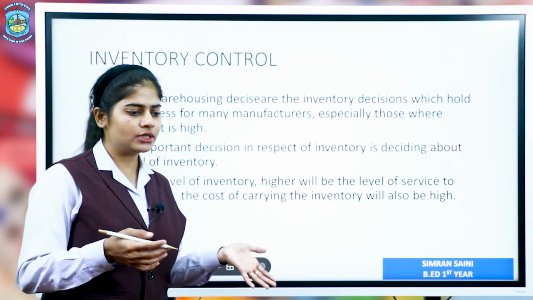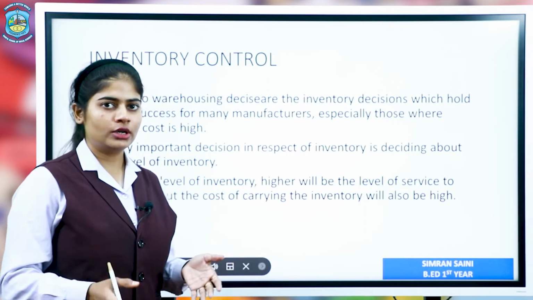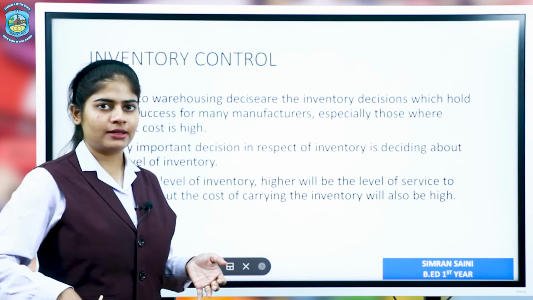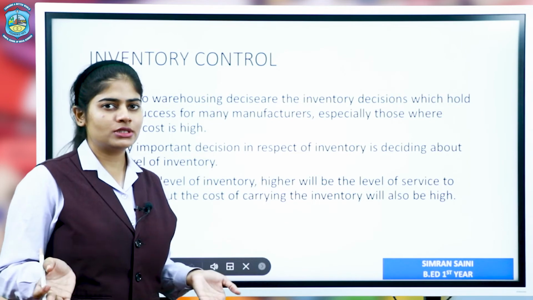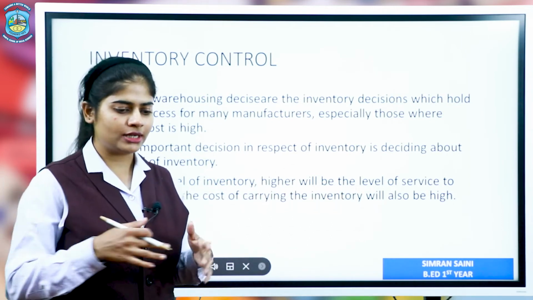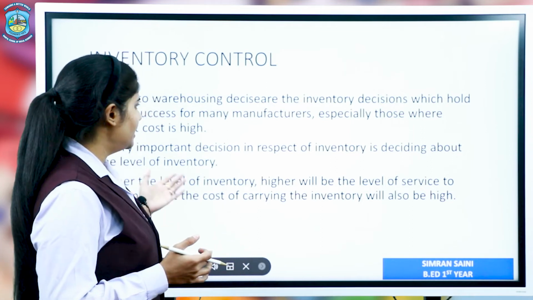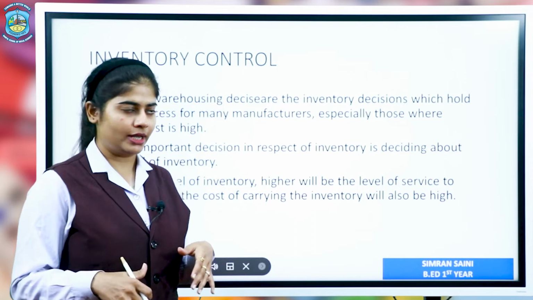Where it is really needed, it should be at that warehouse, that store, so that people can buy. And where it is really not needed, why do we supply our product to that area? So basically inventory control is a combination of demand and supply.